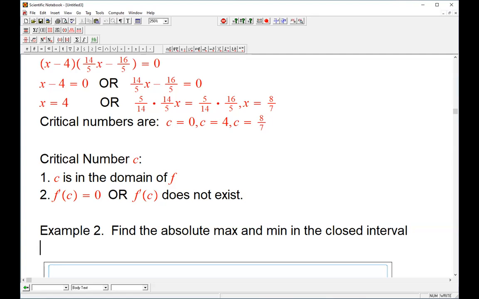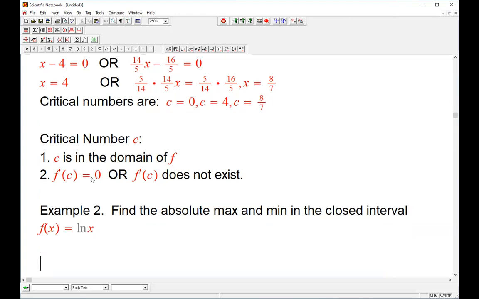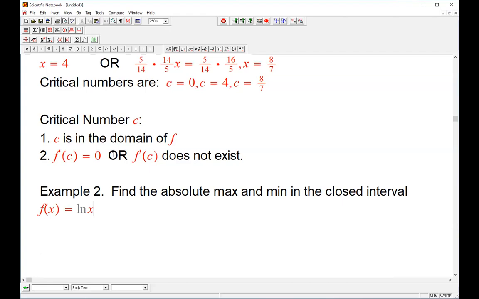Let me choose this logarithm function: f of x equals ln x. And the interval of our consideration is, in fact, not a closed interval.